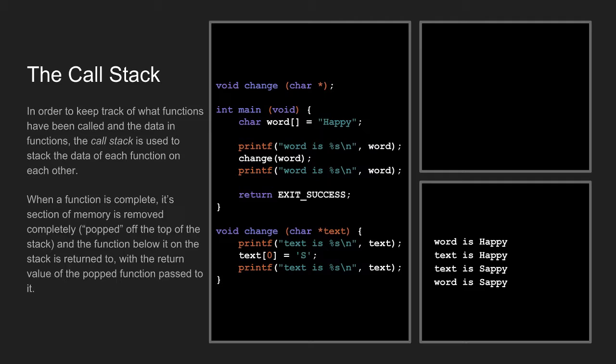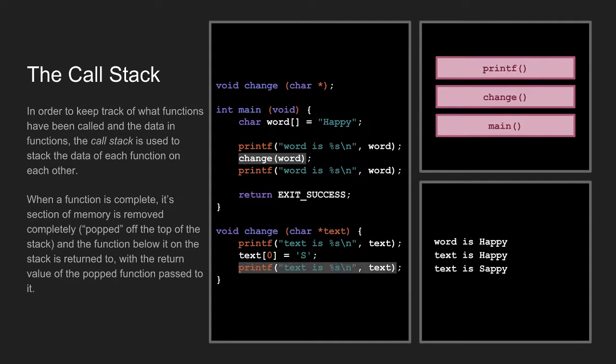The way that works in memory is there is an actual area of memory referred to as the stack, which contains all of the information that's in each of the stack frames as shown on the right there. So when I say printf is pushed onto the stack, the memory that has all of the data printf looks after, and all of the information about what happens when printf finishes, is placed before the memory for change, the information for change.